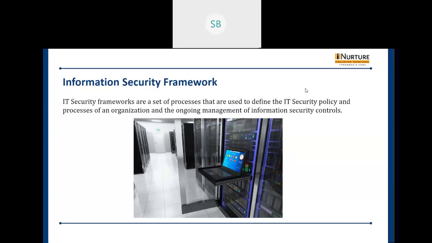For that purpose, we go for various security frameworks such as COBIT, ISO 2700, ITIL, then COSO, whichever we have studied in module 2. Because very few people were present on that day when I taught, I'm just repeating. We'll be studying these things in detail in this chapter.